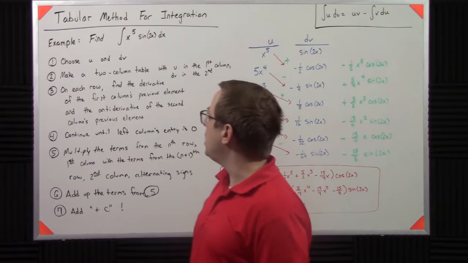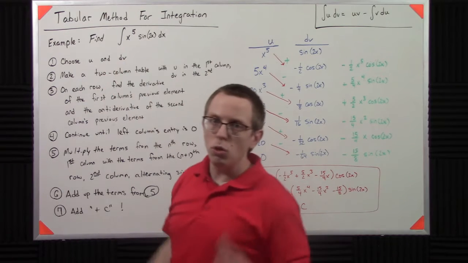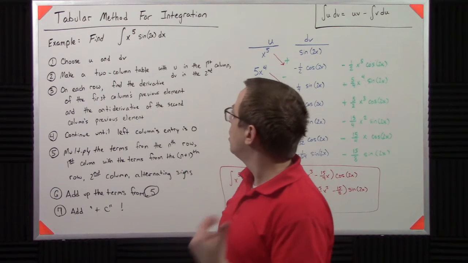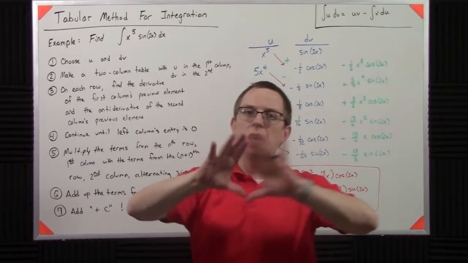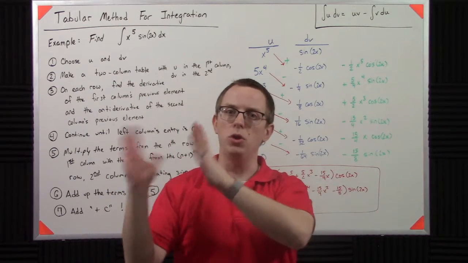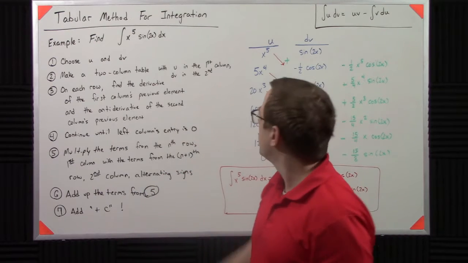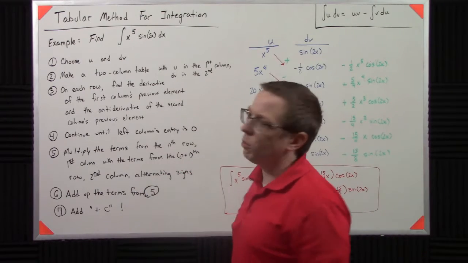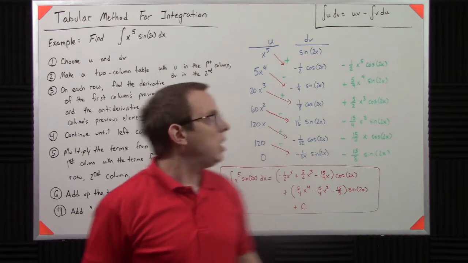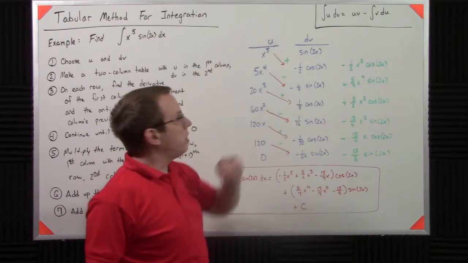So what you do is you pick u and dv, just like you would with normal integration by parts. But instead of setting up that whole integral with uv minus the integral of v du, you construct a table with 2 columns. The first one is the u and the second one is the dv column. You put your u here and your dv here.